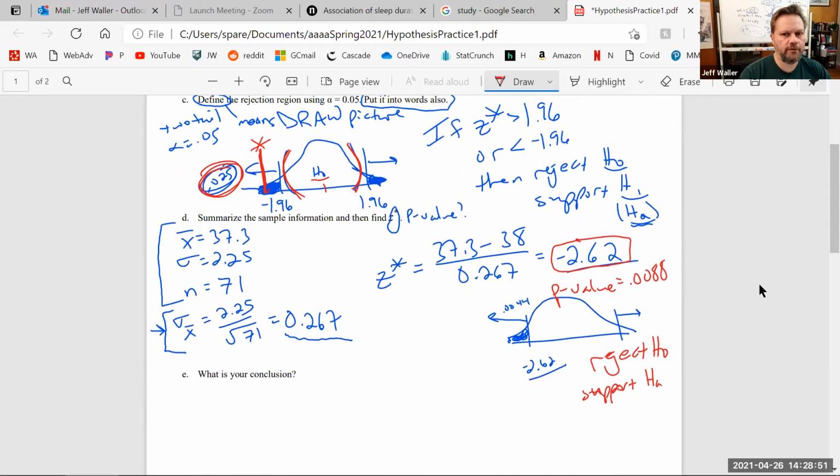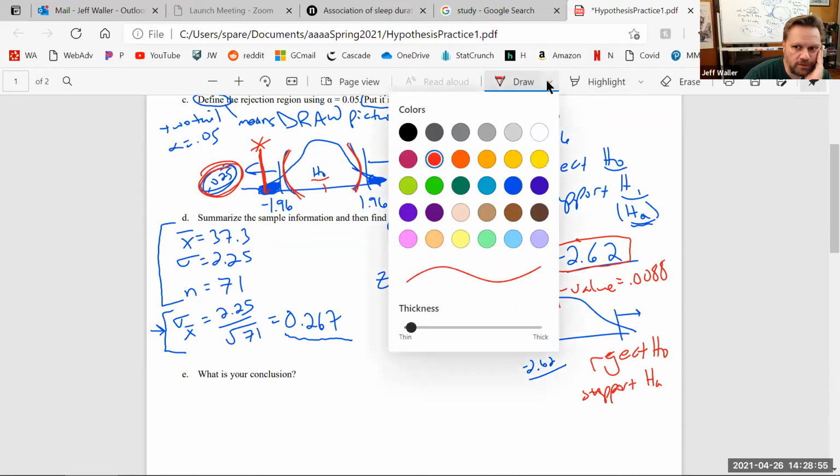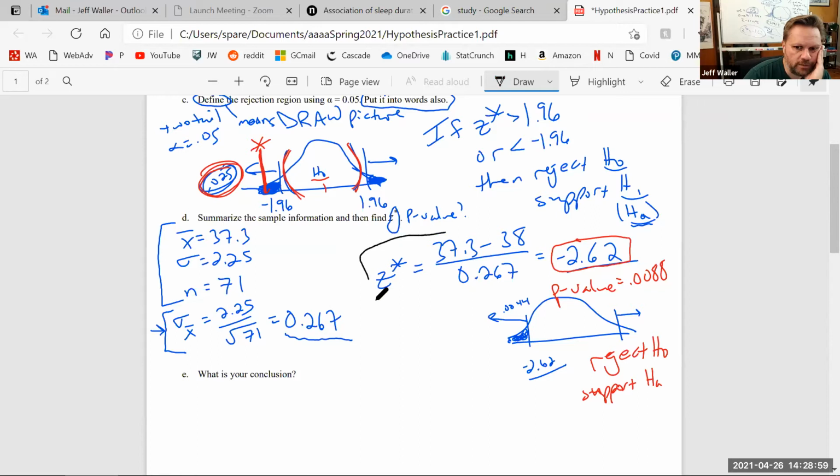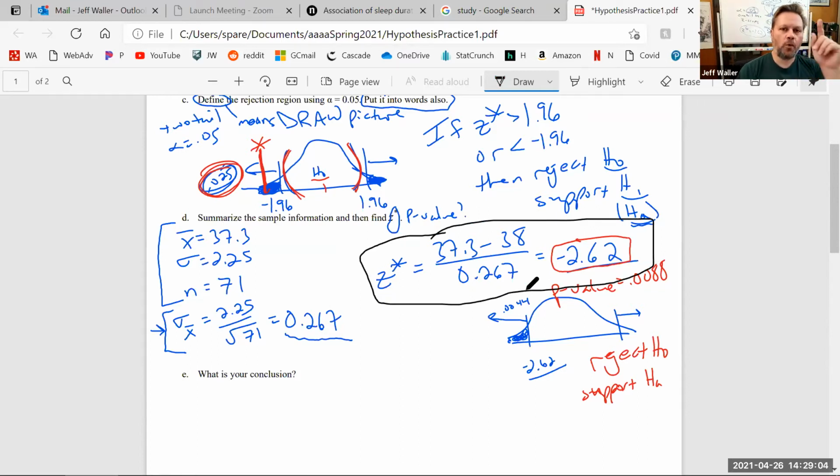All right, let me stop for a minute. There's a lot going on here. At the same time, there's very little. So this is important. That tells me where my sample ended up. Remember, that's what a z-score does, it tells me where I am. My sample ended up very far below where it should have been if this was the correct mean.